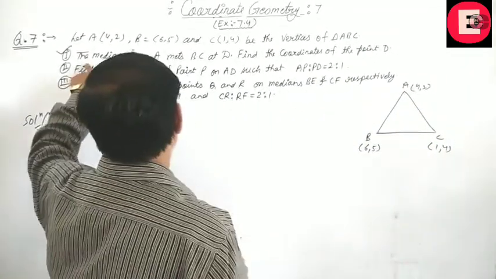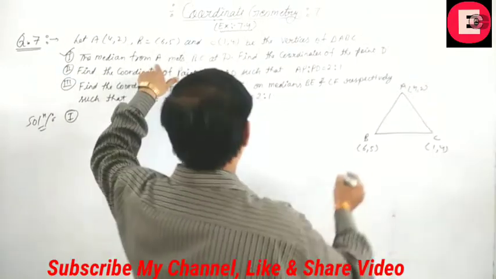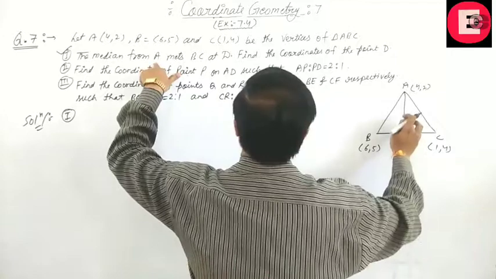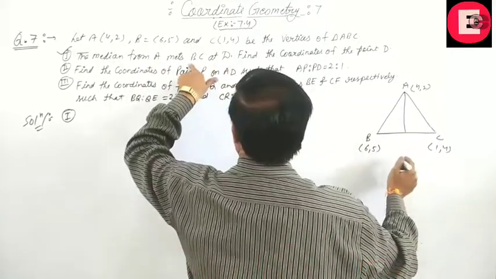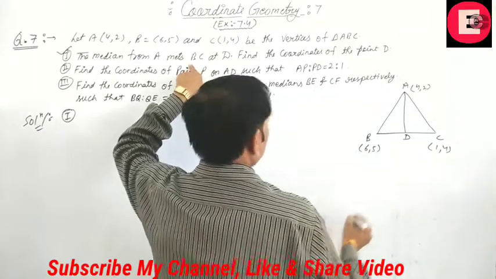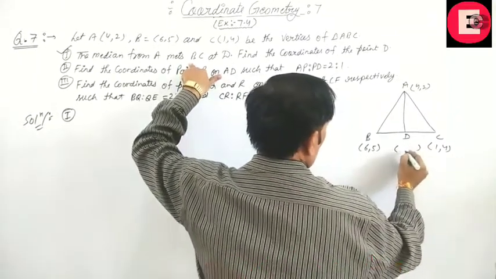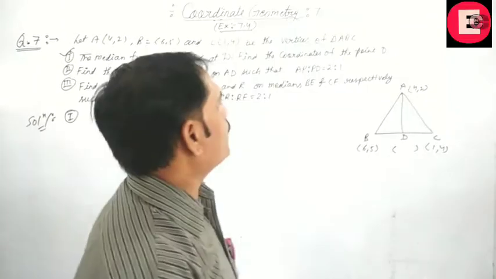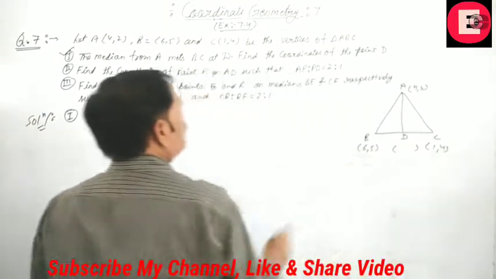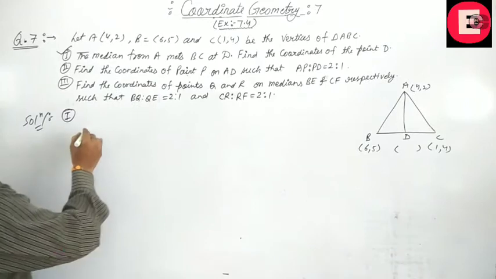In the first part, the median from A meets BC at the point D. So find the coordinate of the point D.